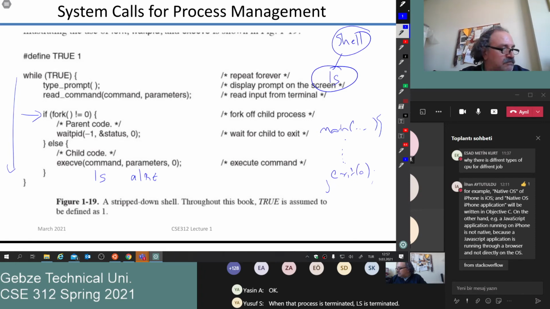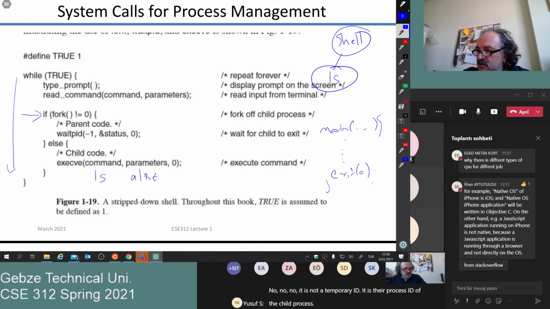And one more question, sir. The process ID that the fork function produced for the child process, I mean, this is a temporary ID, and all the fork functions... No, it is not a temporary ID. It is the process ID of the child process. But in that case, every child process would have the same process ID, right?